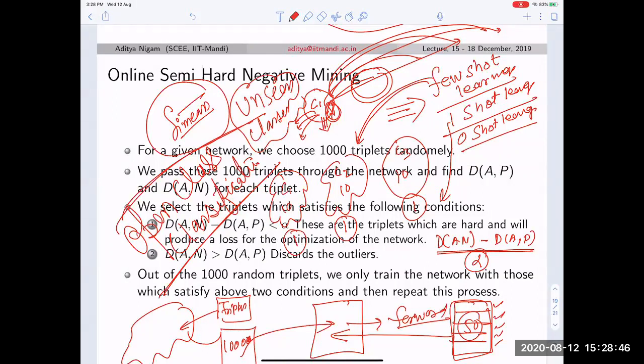That creates a hard triplet whose loss is going to be backpropagated. If I take an Indian and a Chinese pair, they are definitely going to be very far. So that's not a hard pair for me.